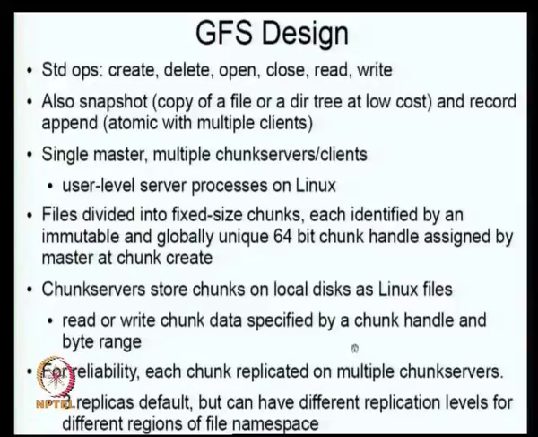If you look at NFS, there it was a file handle and the offset. Here basically you use a chunk handle. So, again for reliability, each chunk is replicated on multiple chunk servers, typically 3 replicas is the default, but you can have different replication levels for different parts of the file namespace. It is up to you to decide.